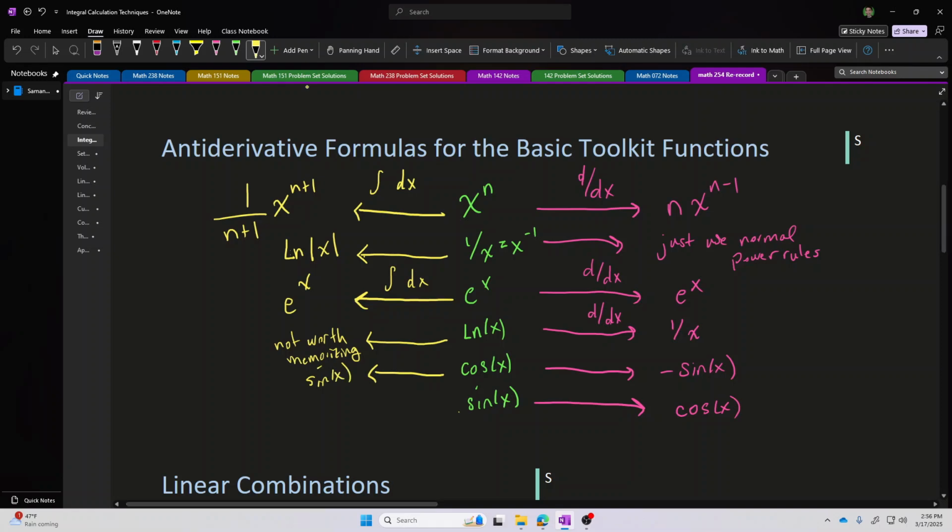If I take the antiderivative of sine, the result is negative cosine. So absolutely at a minimum, you should have these formulas memorized, all 6 of them. That is the basic expectation for memorization involving derivatives and antiderivatives.